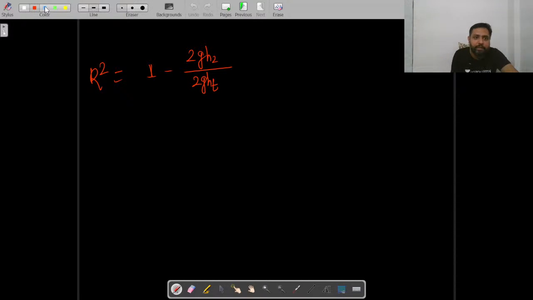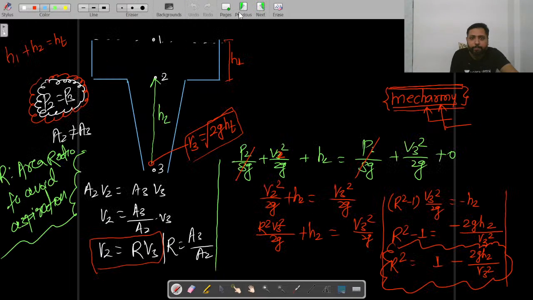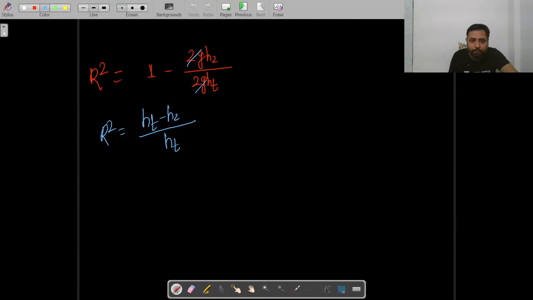Now 2g and 2g will be cancelled. Very simple. What are you getting? R square is equal to ht minus h2 upon ht. And if you do ht minus h2, look at this, this will be h1 only. So this will become r square is equal to h1 upon ht.